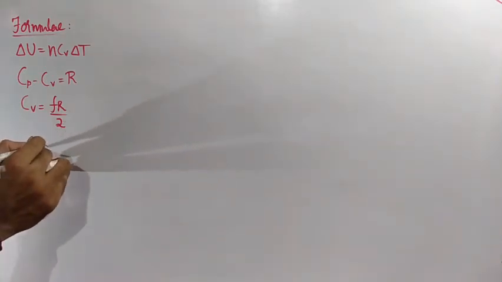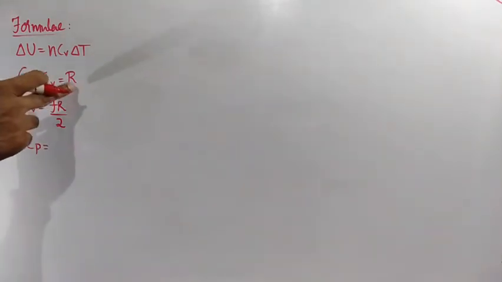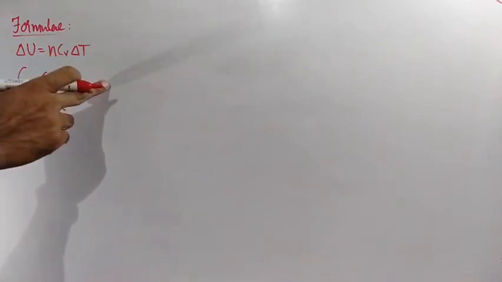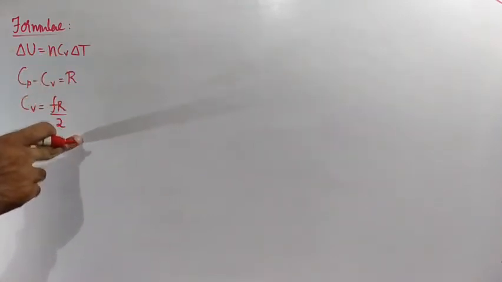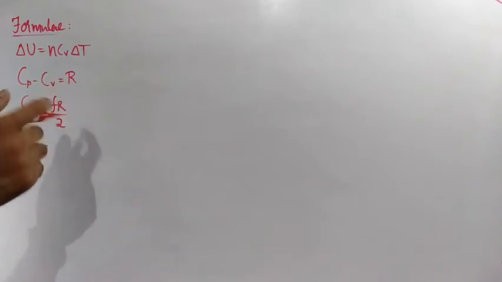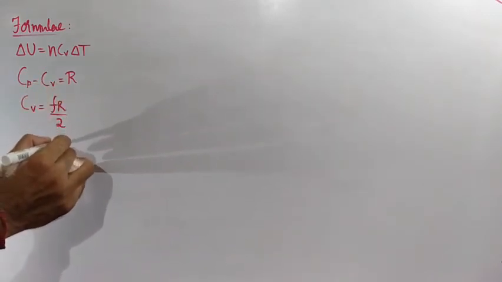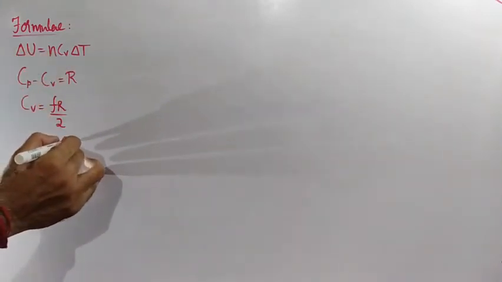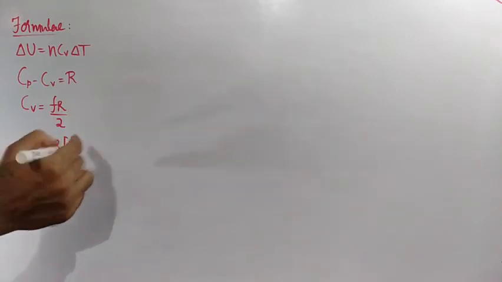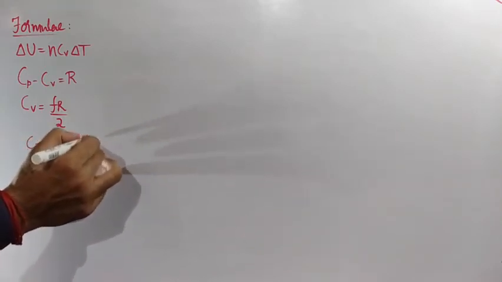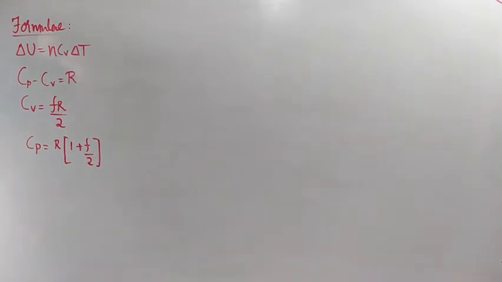If you are not remembering, you can simply calculate it as R plus Cv, R plus fR by 2. Take R common: R inside the bracket, 1 plus f by 2. Clear? Directly, Cp is R times (1 plus f divided by 2).